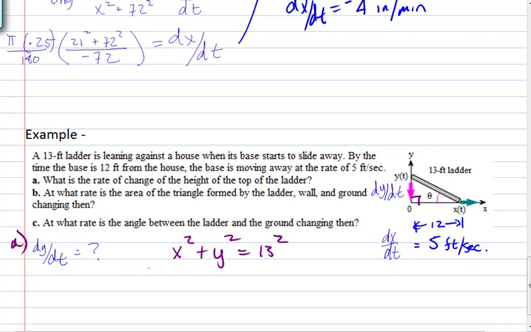So, when we take the derivative with respect to time, we end up with 2x dx dt plus 2y dy dt equals what?